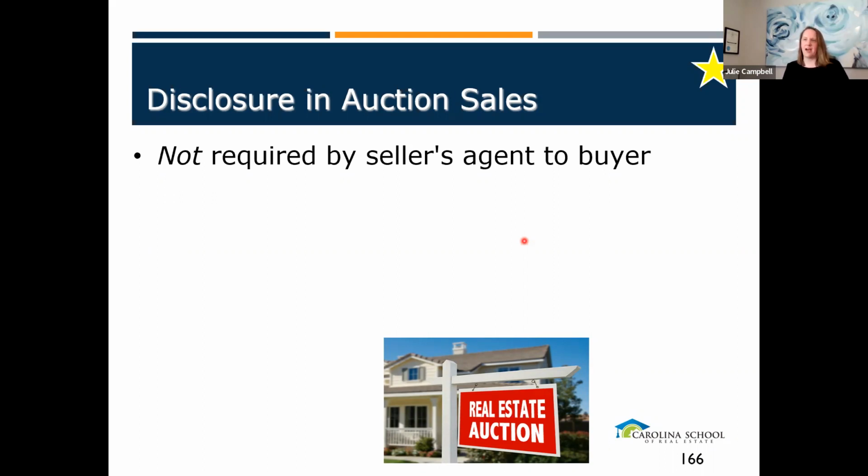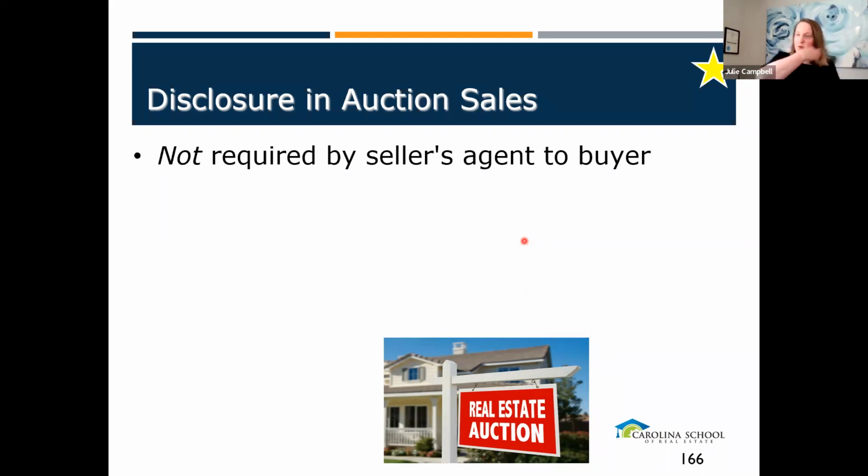Again, talking a little bit more about that in Unit 10. And in that scenario, for some reason, it is presumed that when a buyer comes to a real estate auction, they know that the auctioneer represents the seller. And so because of that presumption, we do not have to do the disclosure in auction sales.